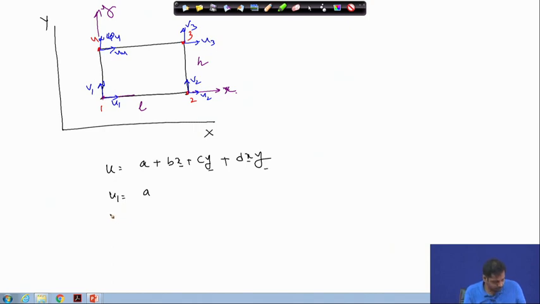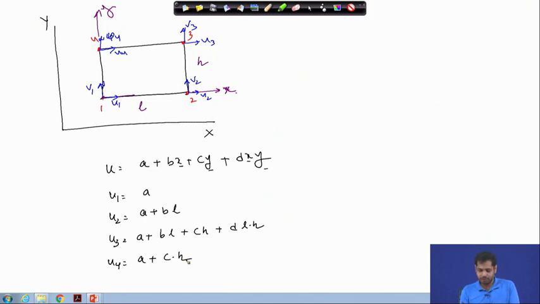Then u2: here x is equal to L, y is equal to 0, so it will be a plus b into L. u3 will be a plus b into L plus c into h plus d into L into h, and finally for u4, x will be 0 and y will be h, so a plus c into h. So, this part is 0.